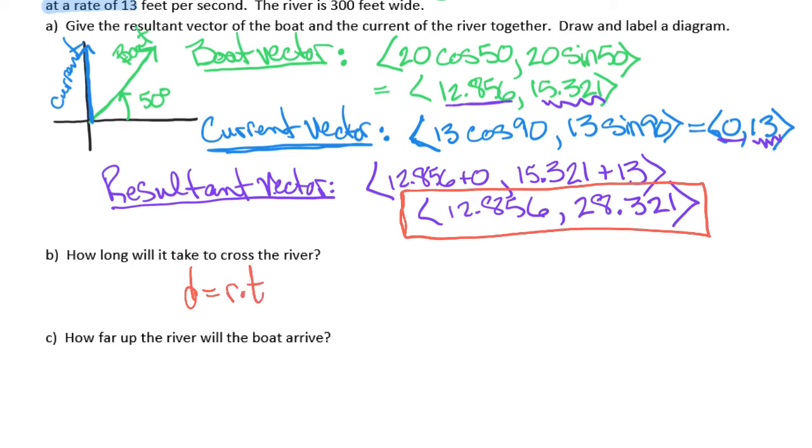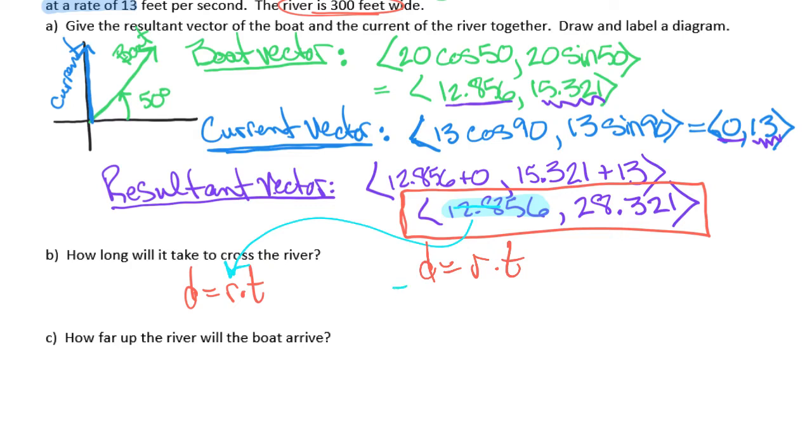Okay, and so let's look at what we're given. We know the distance is 300 feet. We're looking for time, and we know the horizontal component is 12.856. Well, what is that? That's the rate that we're going to use in our equation. Okay, so let's fill in everything we know. Distance equals rate times time.